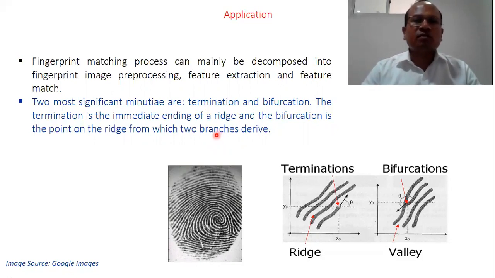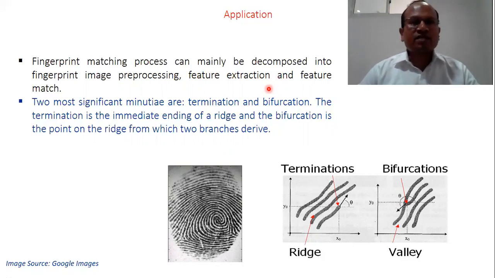The fingerprint matching process may be mainly decomposed into fingerprint pre-processing, feature extraction and feature matching. In all matching and recognition operations, we extract some suitable features, and based on the similarity or matching of those features, we recognize certain images.